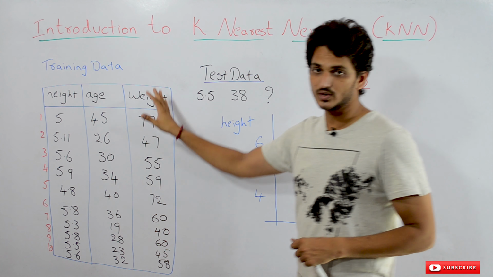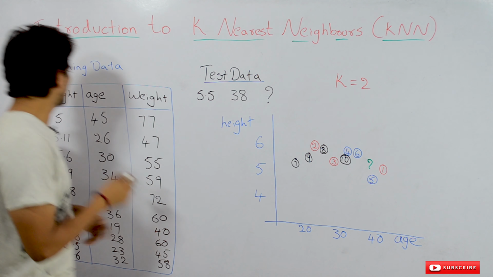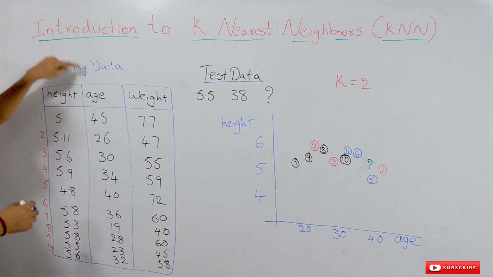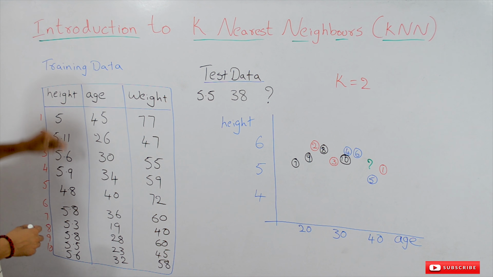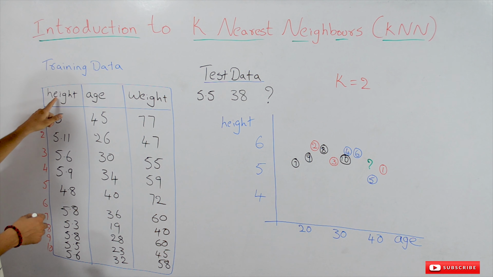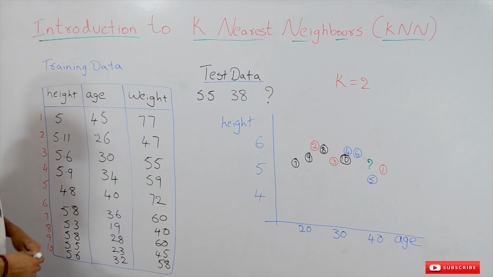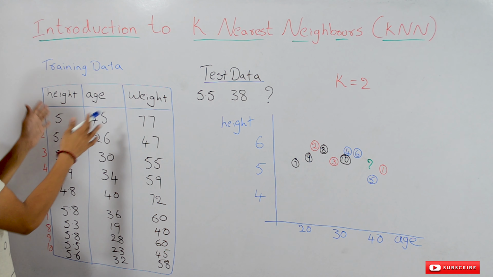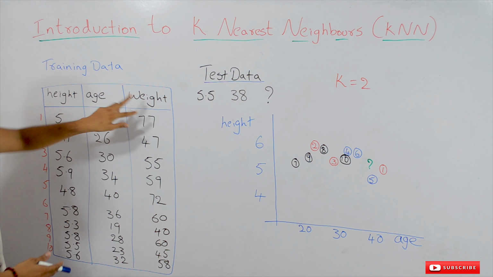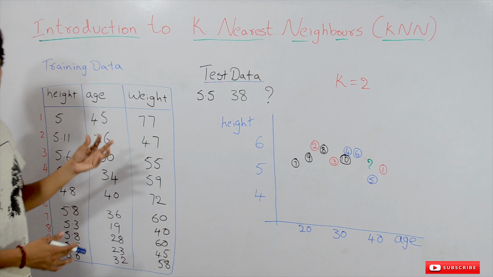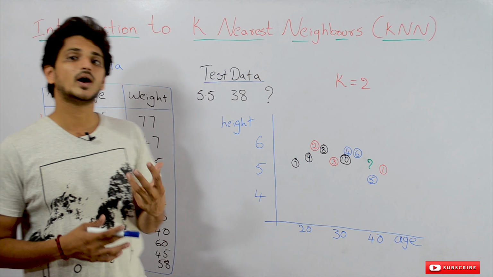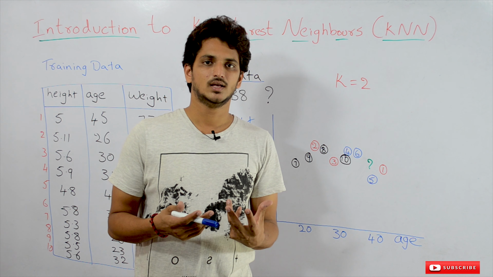The example which we consider here is this training data set. Here we have three columns. Height and age are the input columns, weight is the output column. The data set which we considered is input-output pairs, which means KNN is a supervised learning model.